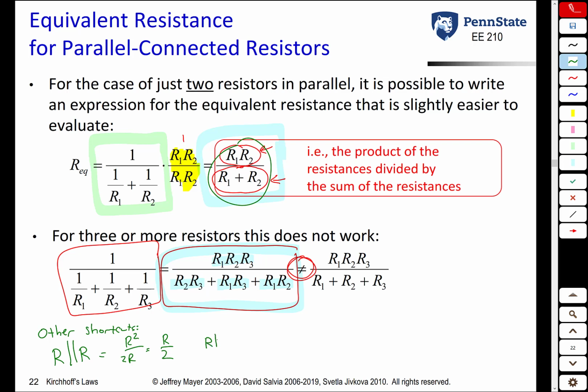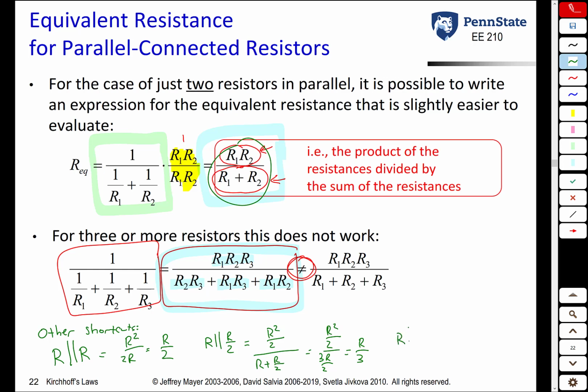By the same token, R in parallel with R over 2, plugging that into the expression above, you get R squared over 2, over R plus R over 2. That's R squared over 2 over 3R over 2. You get R over 3.